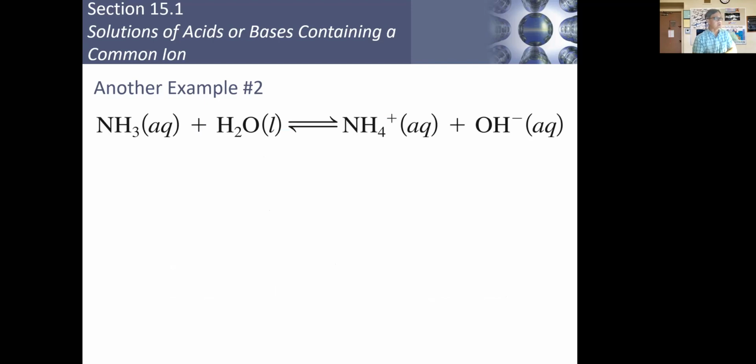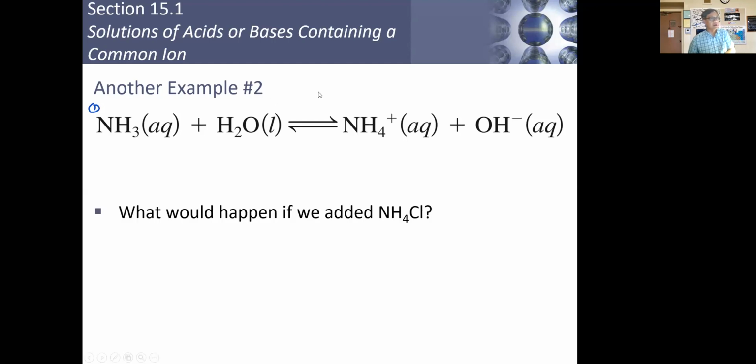Okay, so here we have ammonia. This is the first reaction here. Let's say we have ammonia, and this time we're going to add ammonium chloride. So let's add a solution of ammonium chloride.